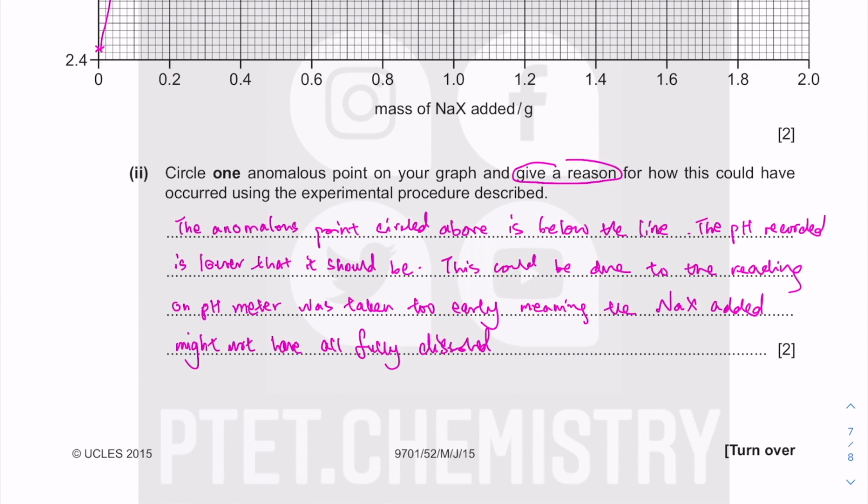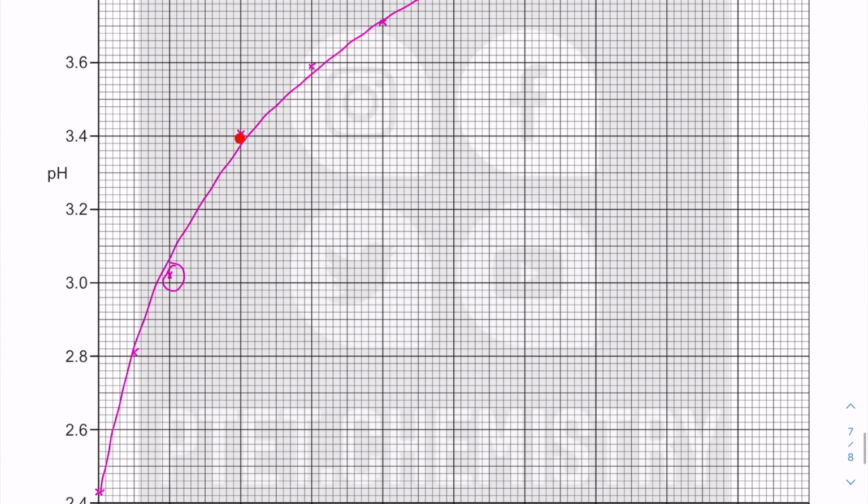All right. Of course, you could also argue, why is this point above the line? Because it should have been here, but it is here, meaning to say that you have added a bit too much, because this should give you a point around 0.44.